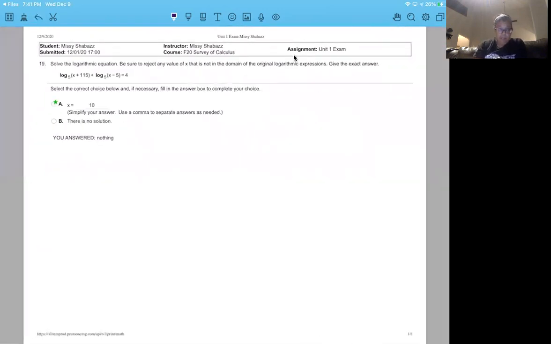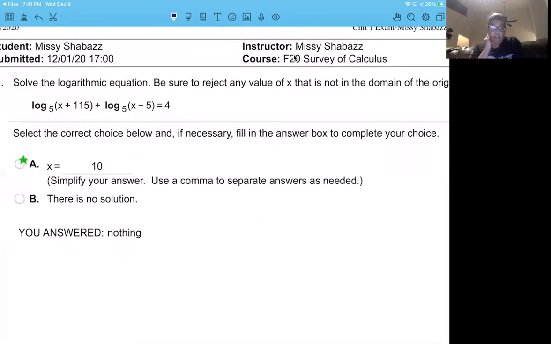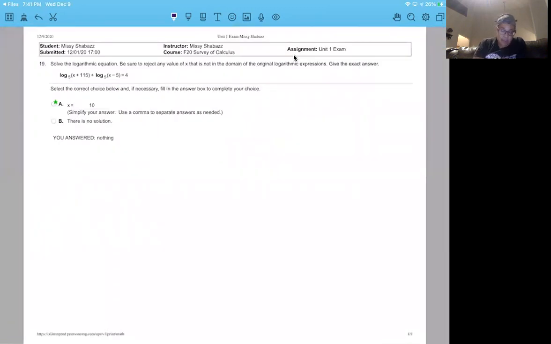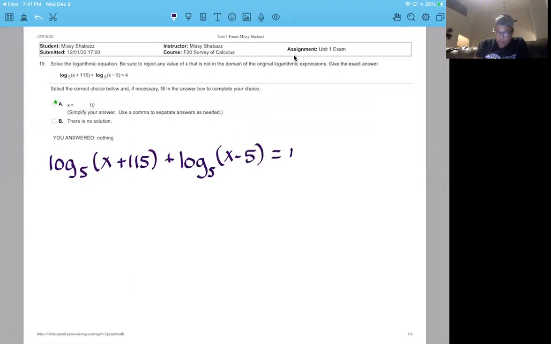All right, next question. Solve this logarithmic equation. So I have log base 5 of x plus 115 plus log base 5 of x minus 5 equals 4.